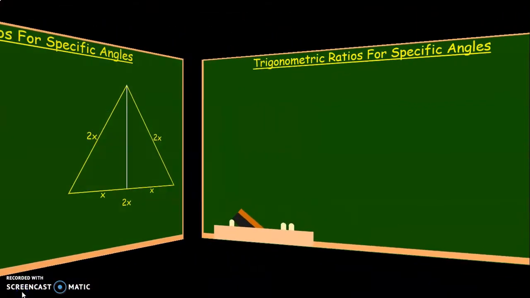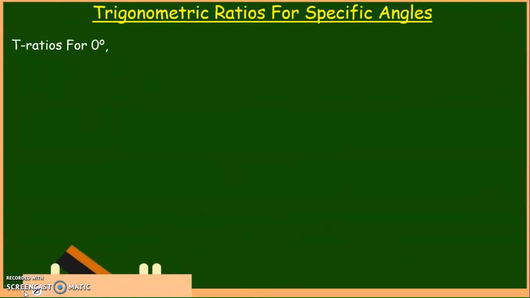Let's find out the values of trigonometric ratios for 0 degrees. So let's consider the triangle ABC.